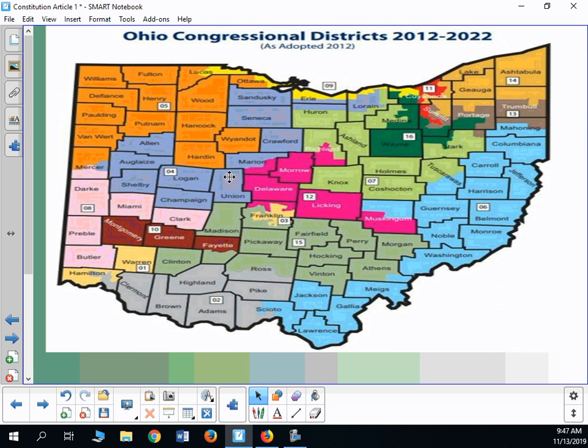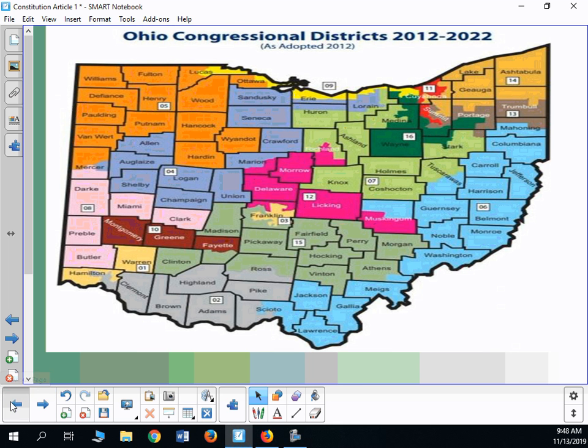In 2021, they will take that information and then begin to look at how the districts are apportioned. Are they equal? Is it correct? And if not, and they're usually not, then they're reapportioned. And by 2012, that is settled. And so for the next 10 years, from 2012 through 2022, this is how the state is apportioned.